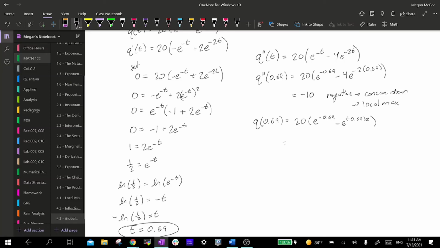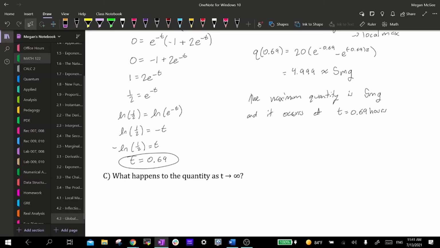And this gives us 4.999, which we can go ahead and round up to 5, and our units are milligrams. So the maximum quantity is 5 milligrams, and it occurs at time t equal to 0.69 hours.